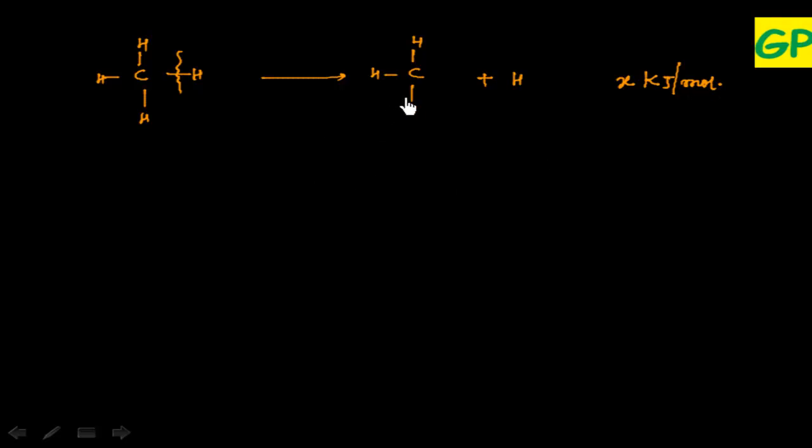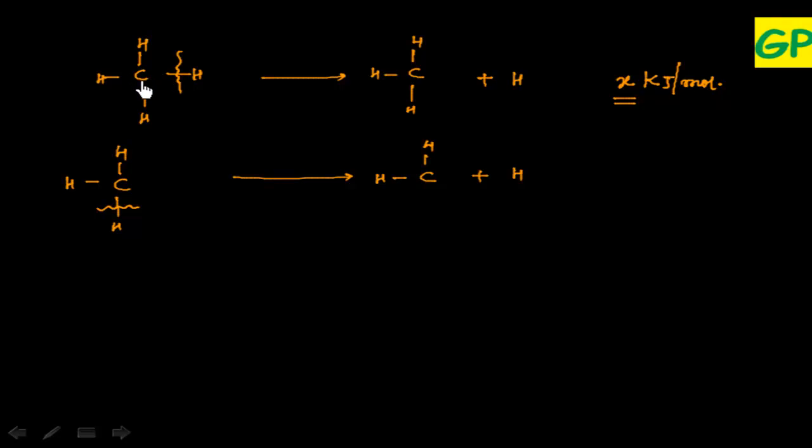Now if I remove the next C-H bond, I will have CH2 plus hydrogen. But in this case, we will not require x kilojoule per mole energy, because you see, the environment of this carbon-hydrogen bond is different from the environment of this carbon-hydrogen bond.